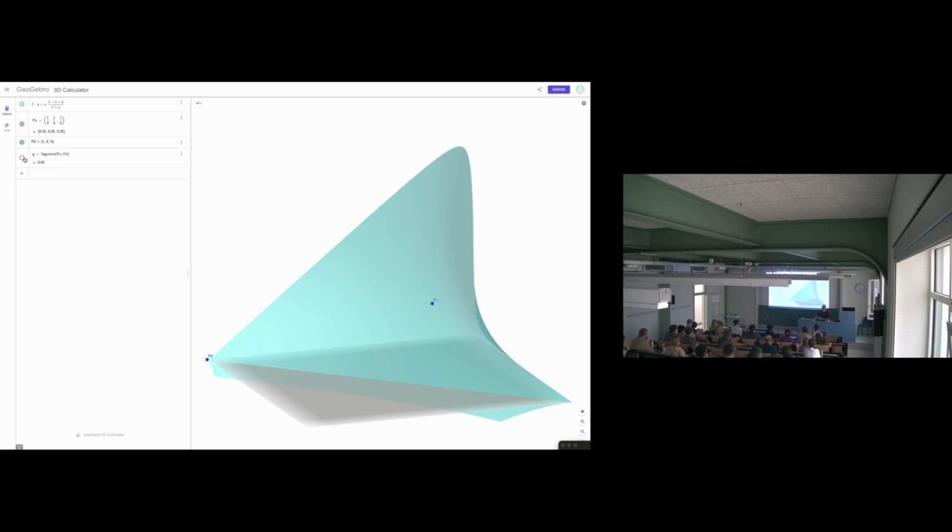What is nice from my perspective of this surface is that it is maximally non-convex. This is not a formal definition, it's my definition: if you take two points on this surface and you take the convex closure, and geometrically the convex closure is just the segment connecting the two points, the convex closure will be outside the surface.